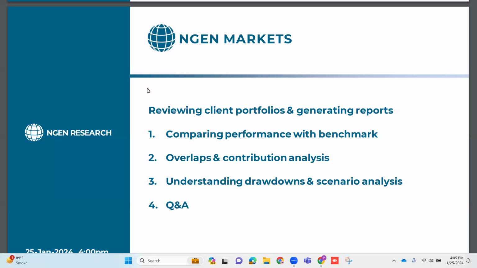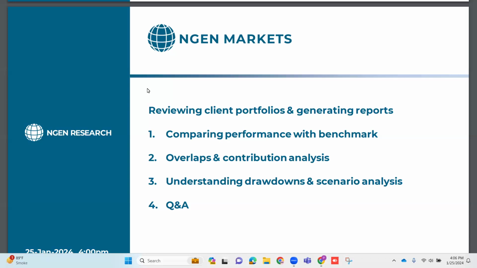When we do this, a tab that becomes very crucial in portfolio analytics on NGEN Markets is the contribution analysis tab. Now, in addition to the contribution analysis tab, we will also have a look at overlap analysis, which helps us in understanding what is the actual underlying holdings overlap, meaning similar holdings of two funds.